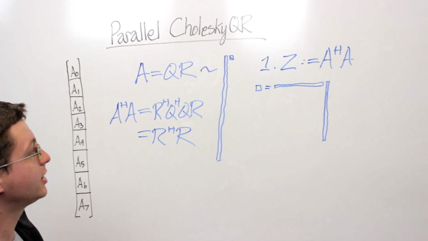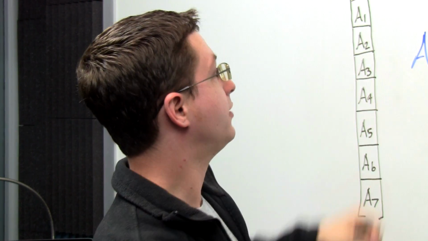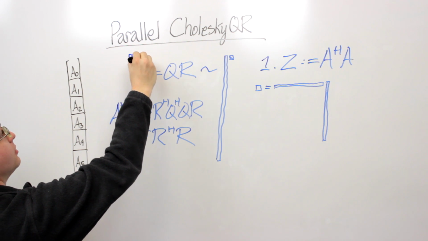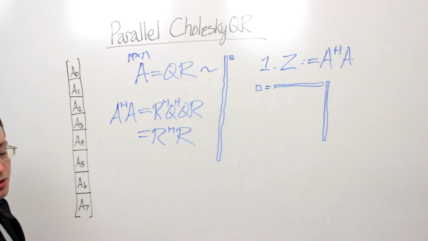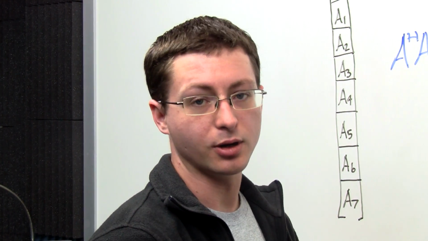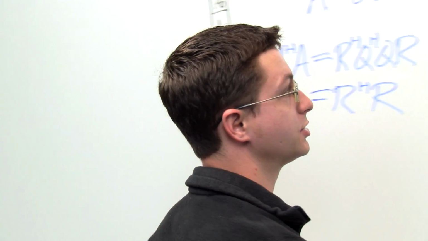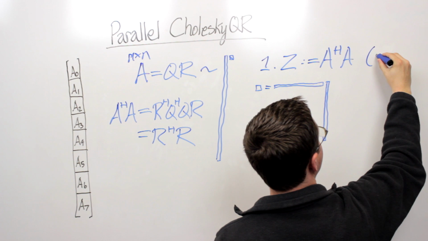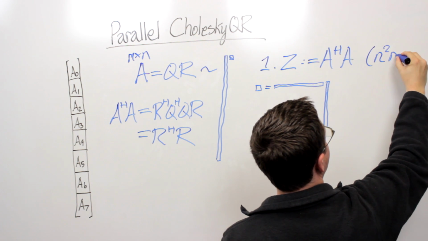If A is m by n, where m is much, much larger than n, this can be performed in m n squared floating point operations. So this would be m n squared flops.